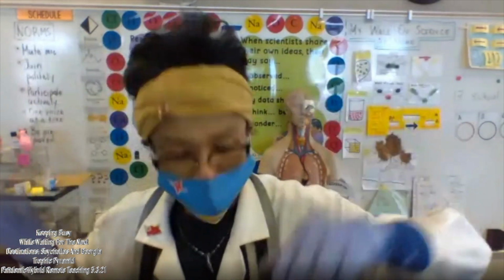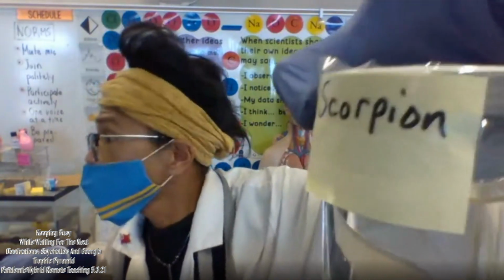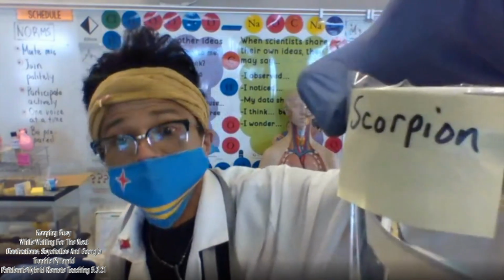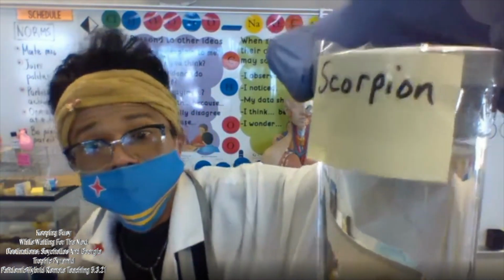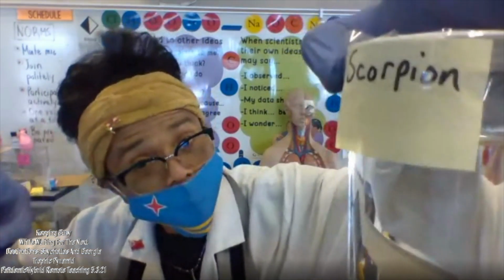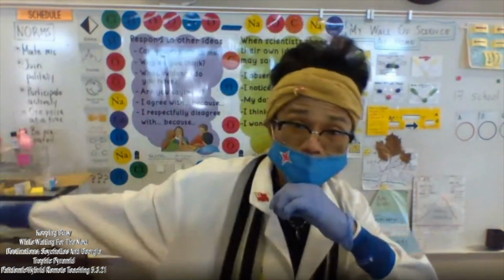Don't dare to touch it because, tell me, what is this? Not a spider, a scorpion. Yes, it looks like a spider, but it isn't. They are not similar, but they are related. The scorpion has a tail at the end.